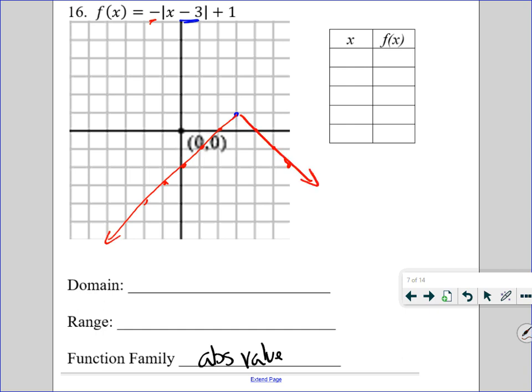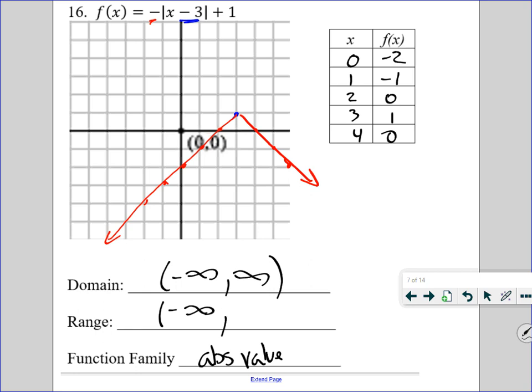If we were to plug some values into the calculator, like say 0, 1, 2, 3, 4, we get negative 2, negative 1, 0, 1, 0. The domain is all real numbers. But the range is negative infinity up to 1.